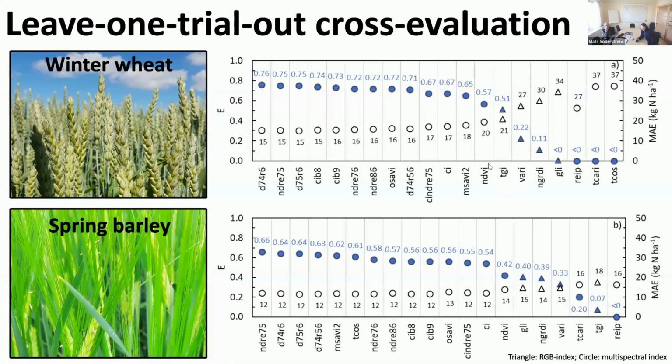We can see that this NDVI index, that is a quite common index, was not the best for this application. There were many other indices that outperformed it. And we can also see that there are many indices that performed about equally well, also reflecting the fact that they are often very correlated. And so many are in the top here. And then you can also make other considerations when deciding which one to use.